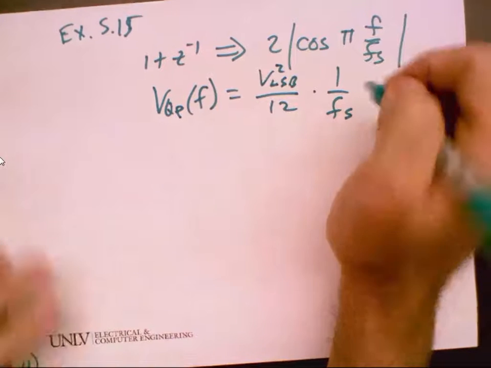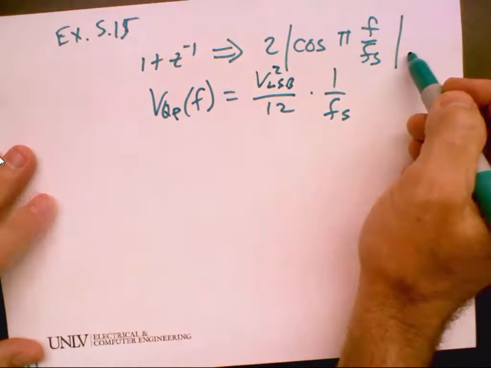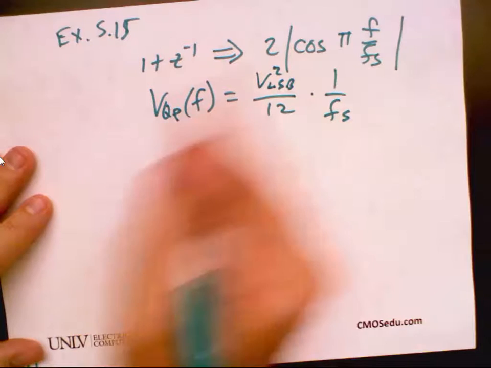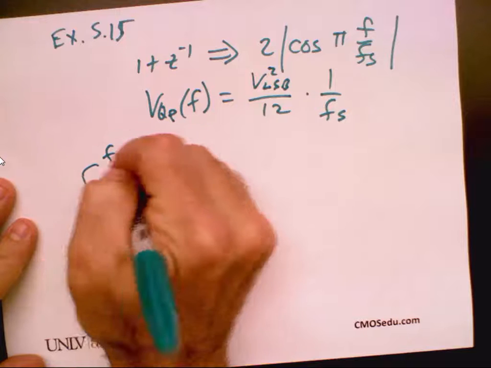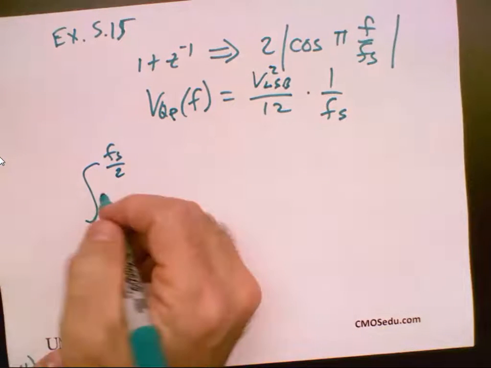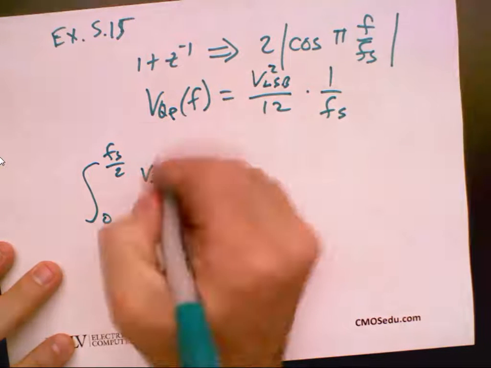And so we're going to integrate. We only need to worry about this between 0 and Fs over 2, and then we'll use one-sided spectrum, obviously.